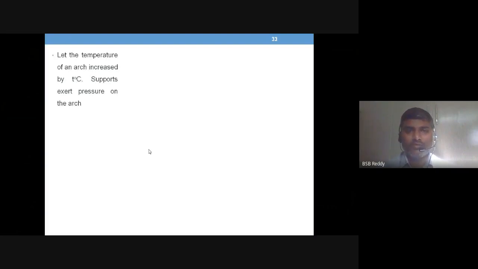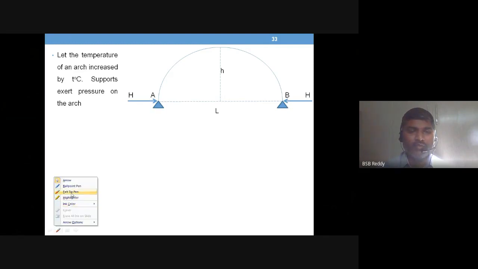So let us take the two hinged arch where you have a hinge at A and a hinge at B and no hinge at the crown, right?